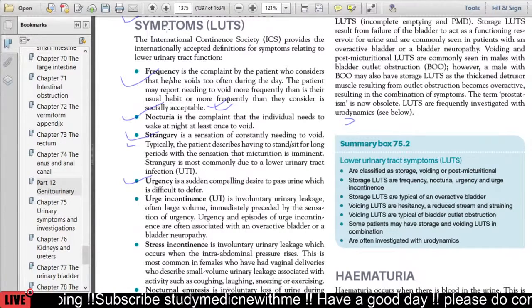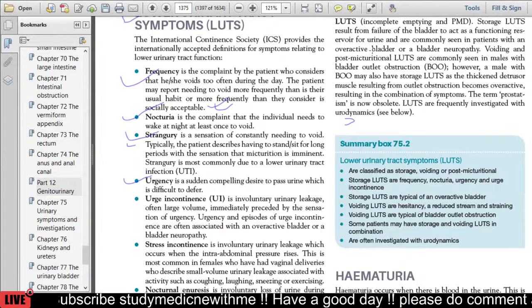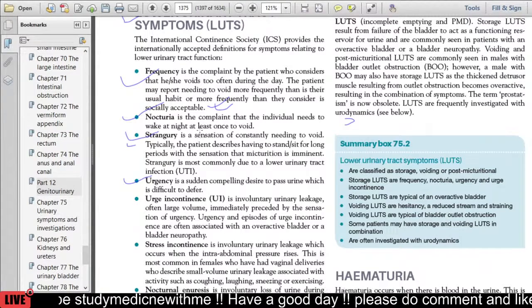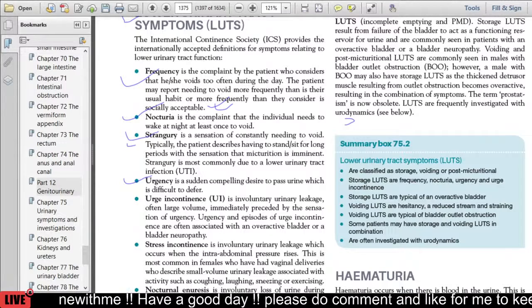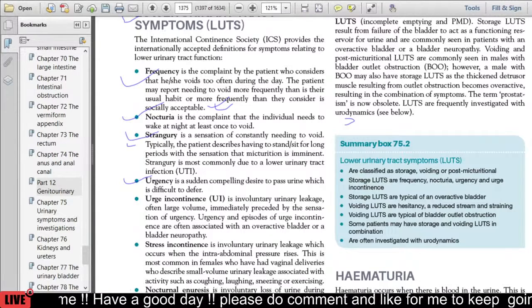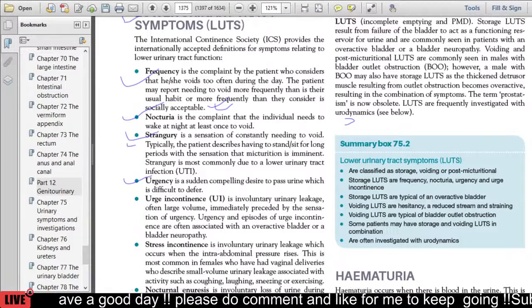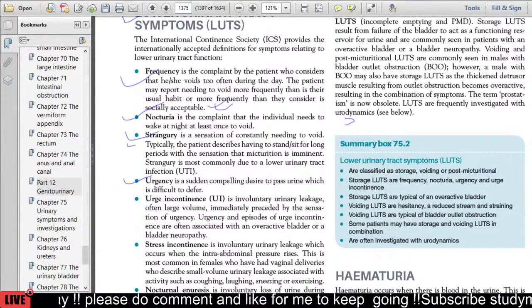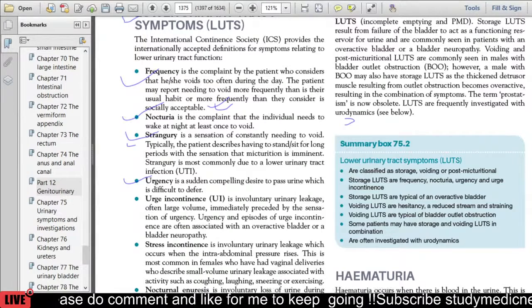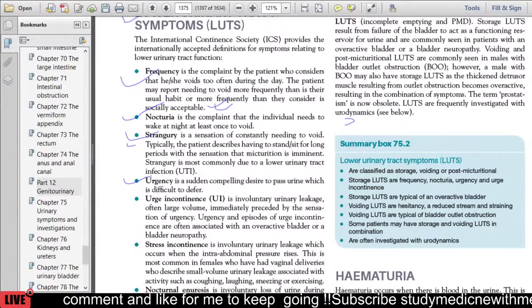Okay, there's frequency, there's nocturia, there's strangury. Okay, I need to know how to pronounce this term, so I'm going to Google for that. I would let you guys hear that as well. Just a minute. Okay, you could hear, but the sound would be very small. I couldn't make it loud.